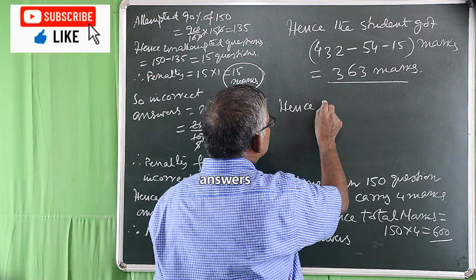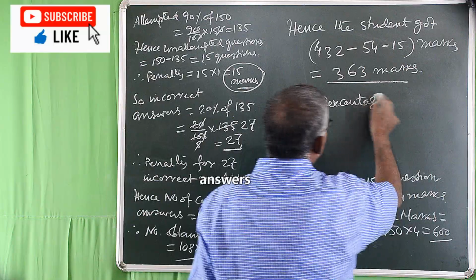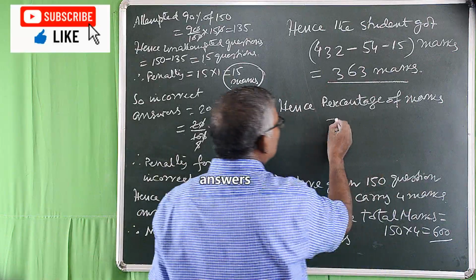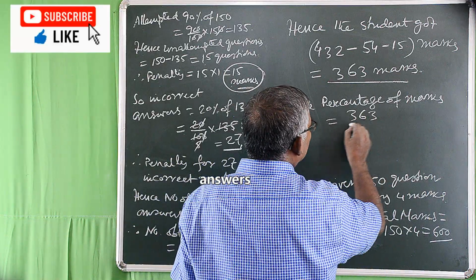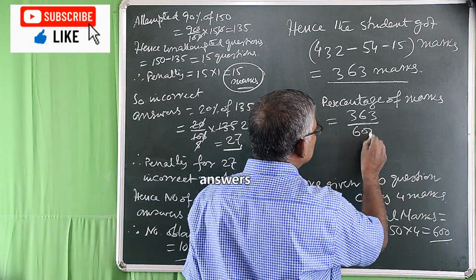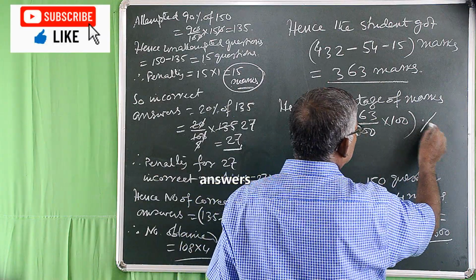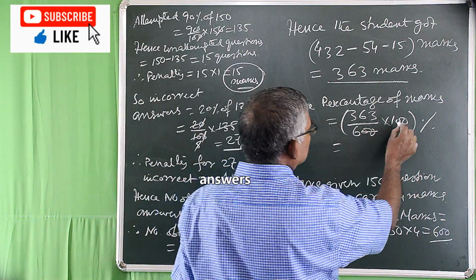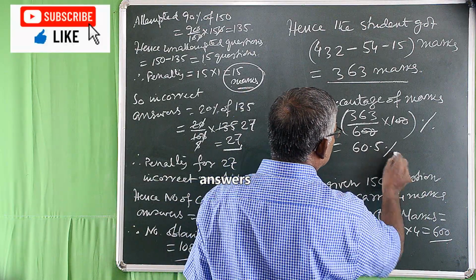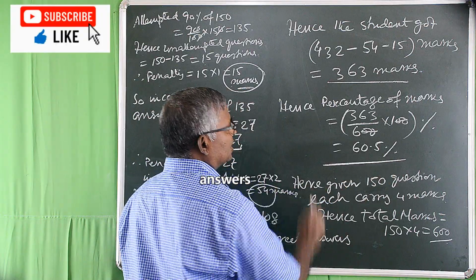Hence, percentage of marks equals 363 by total marks 600 into 100% equals 60.5%. Therefore, the student got 60.5% marks.